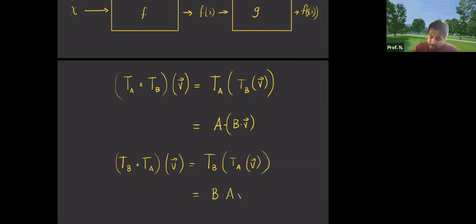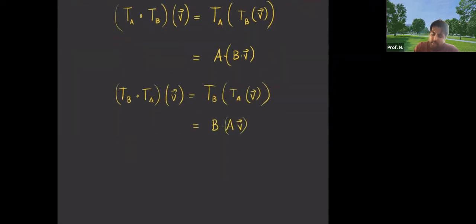And also just be careful that the other way around is not necessarily the same, right? Composition of functions is not necessarily commutative. So remember that A multiplied by B does not necessarily mean B multiplied by A, where A and B are matrices.